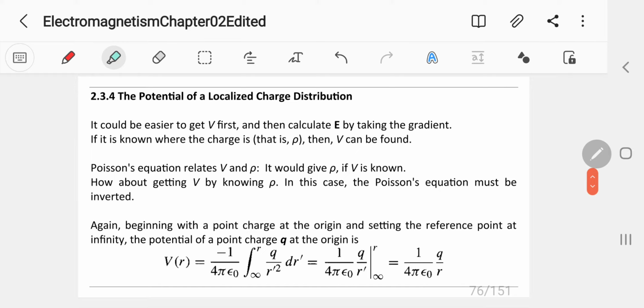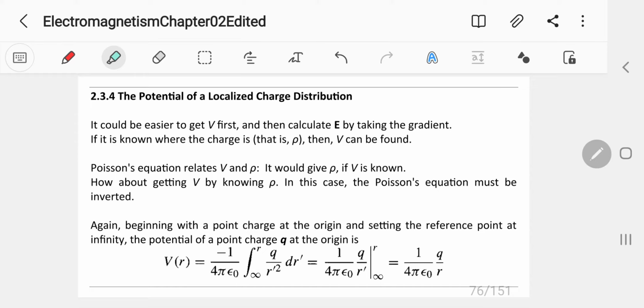Now we can solve for the potential of a localized charge distribution. It would be easier to get V first. Then when you get V, you can calculate E by taking the gradient of V.